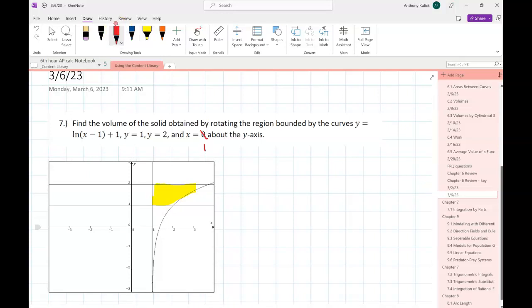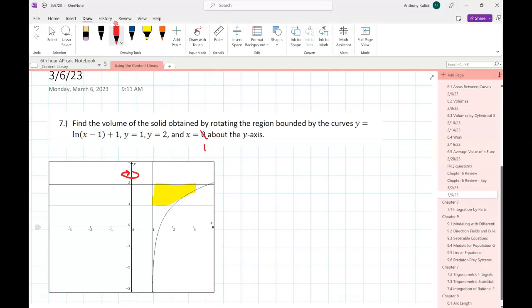So that's my region, and I'll be rotating about the y-axis. Everybody's okay with this? First thing, let's decide washer, disc, shell. Oh boy, everybody has a different answer on this one. It's a washer problem.